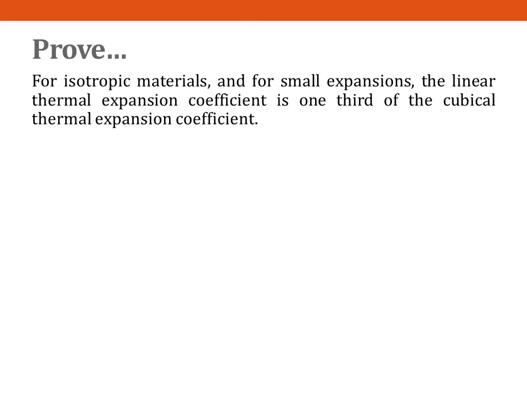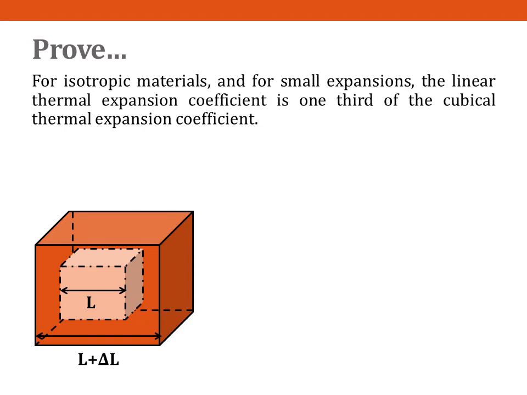For this, we consider a cube of length L. The volume of this cube is going to be L cube. On heating the cube of length L, it expands in its volume and the length of the new cube is going to be L plus delta L. Accordingly, its volume is going to be L plus delta L, the whole cube.